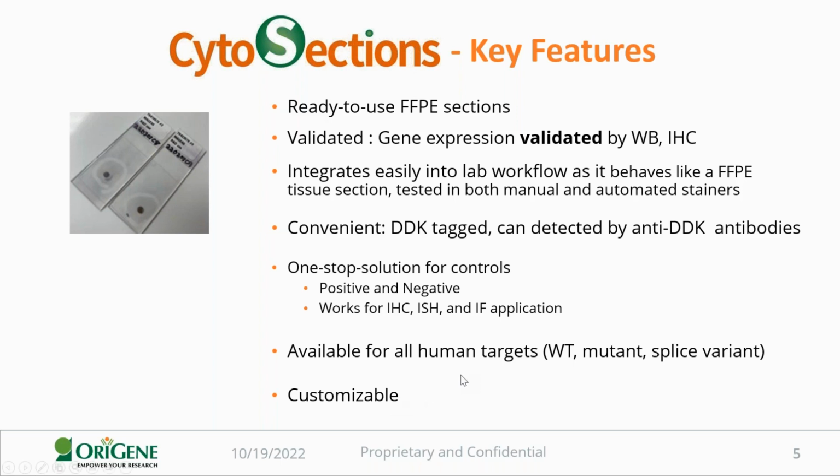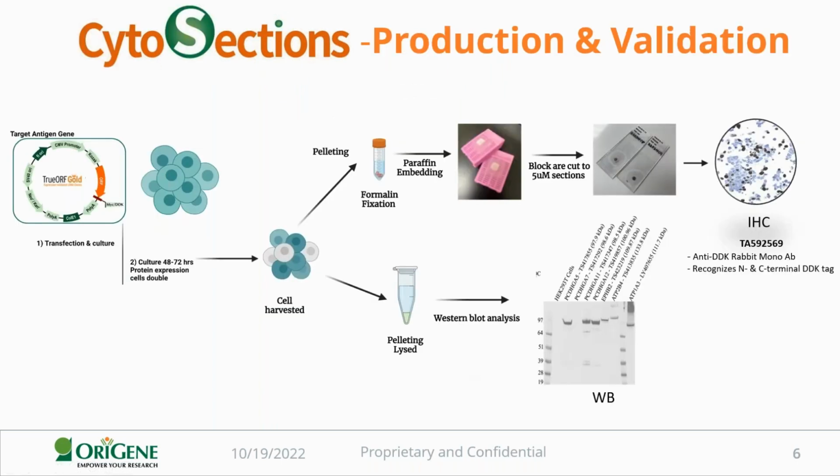So now I want to give you a quick idea of how these CytoSections are produced. Let's say you send us a request for CytoSections for KRAS. You know that OriGene has one of the largest and oldest collections of cDNA clones, over 80,000 of them. So we take a clone from that. We start off with TrueORF Gold.